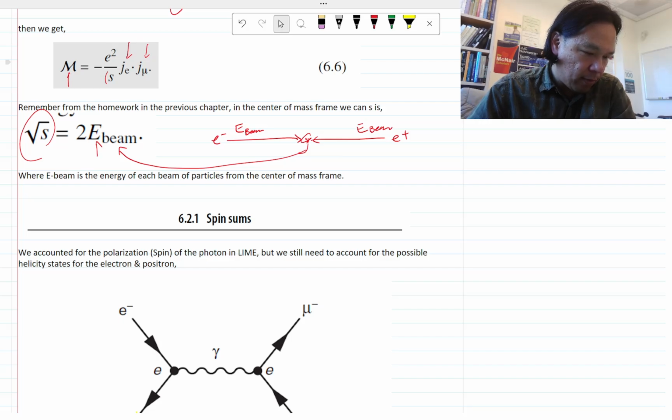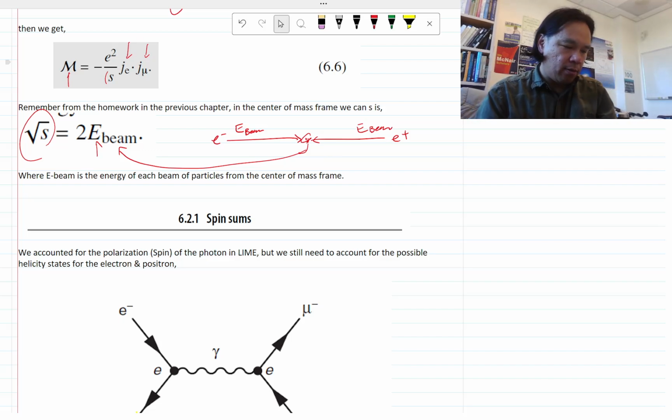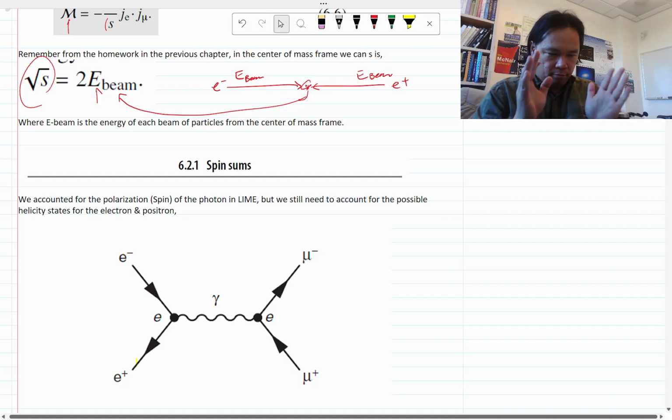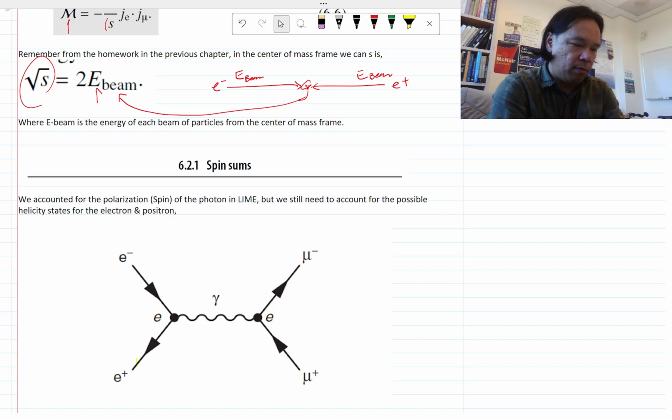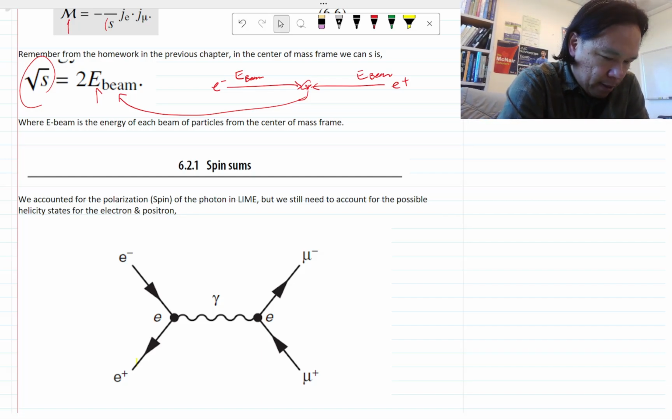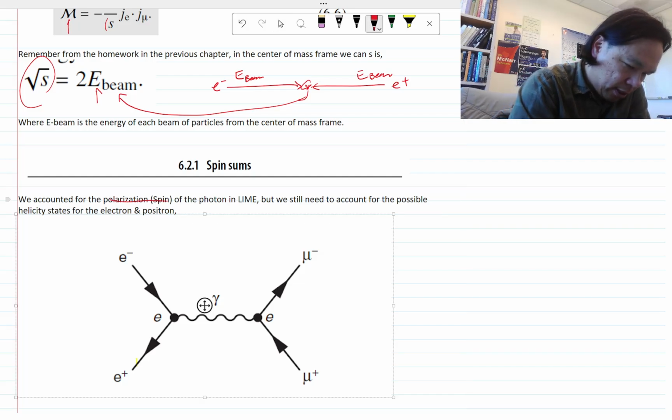Remember that spin does not commute with the Dirac Hamiltonian, and therefore they don't share eigenstates, but helicity shares eigenstates with the Dirac Hamiltonian. So technically, we are always talking about helicity. But a lot of times when we're dealing with high energy particles, they turn out to be the same thing.